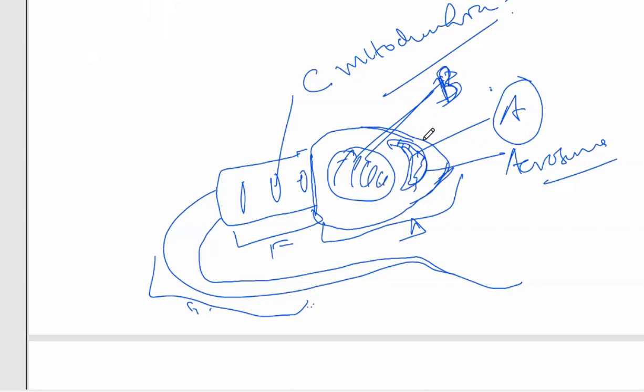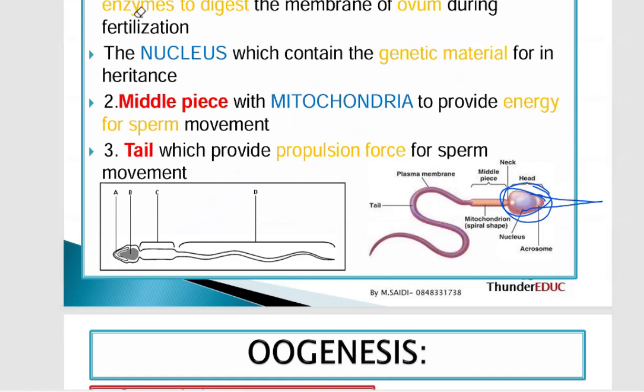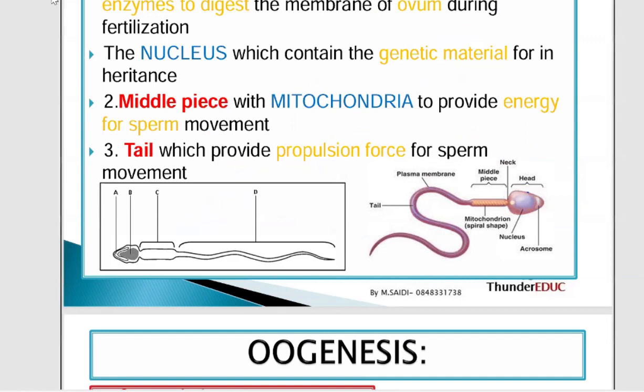So we can ask you the adaptation of this sperm for fertilization, for movement, just adaptation of the sperm for its function. If they bring such different questions, you must know where to talk about.